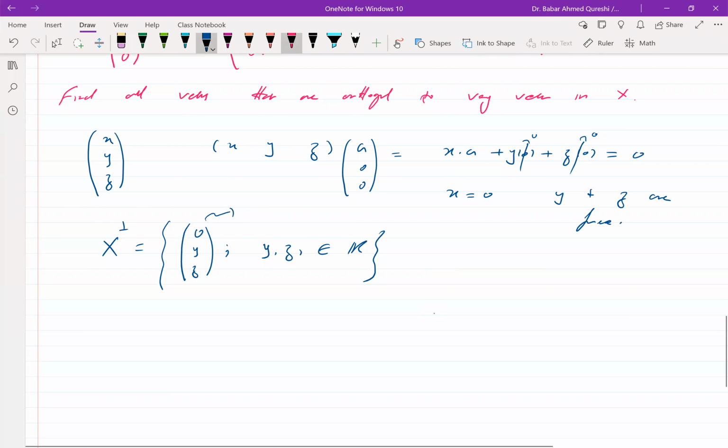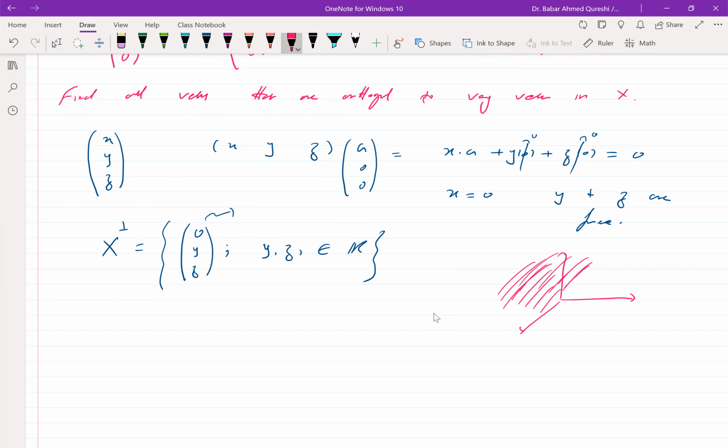It's pretty intuitive. Because you consider this space, and if you want to consider all vectors which are perpendicular to it, they obviously lie in the YZ plane. Anything here is making an angle of 90 with the x-axis.